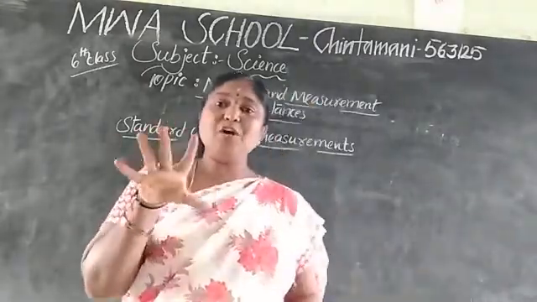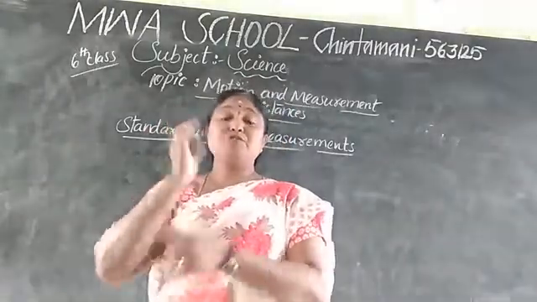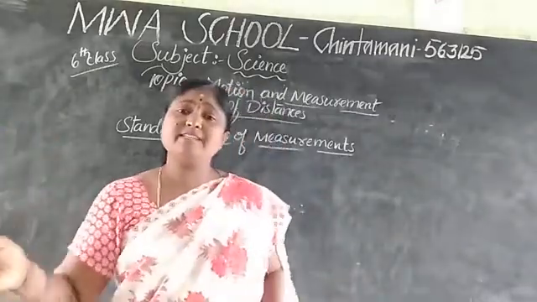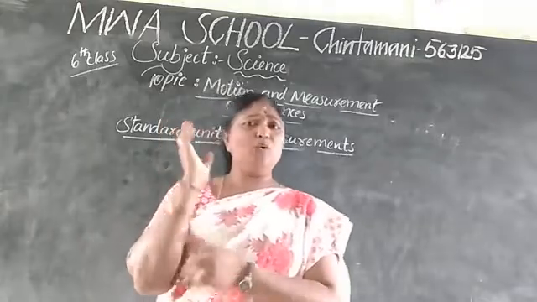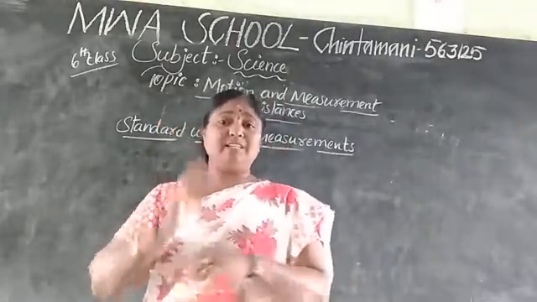To measure cloths we used to take the yard. Not only cloths, if you go and see the flats outside, if we want to measure them, we say it as 1, 2, 3 like this.